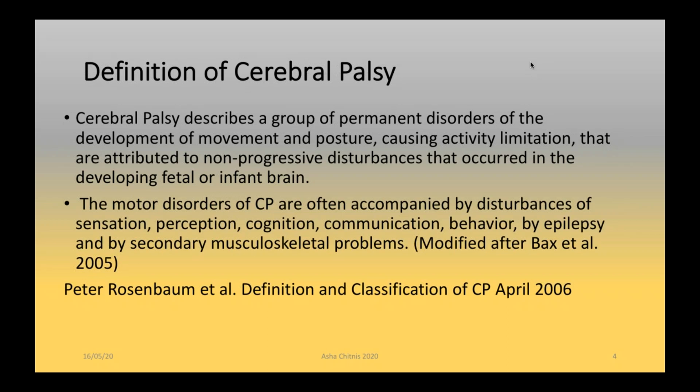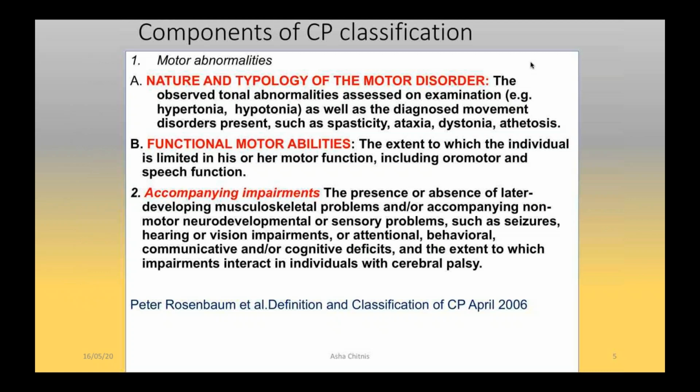And there are problems of cognition, behavior, and epilepsy. Having said that, you need to also understand how you classify this. Very, very important is you need to know the tone of the child. Does he have hypertonia, hypotonia? What are his functional abilities and what are his comorbidities?